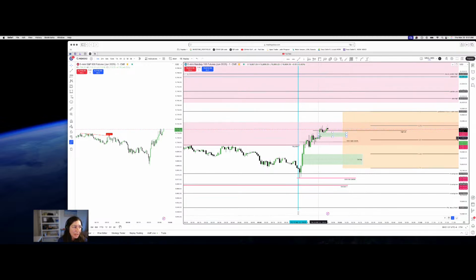Again, this price action in here, a little bit weak. I mean, this BISI is holding price.